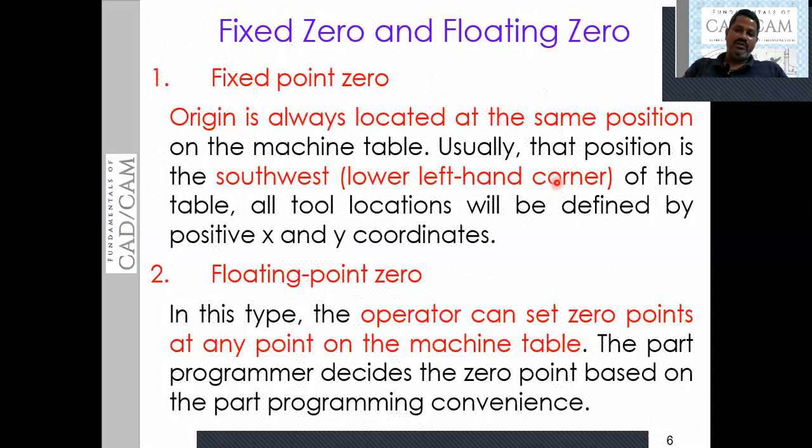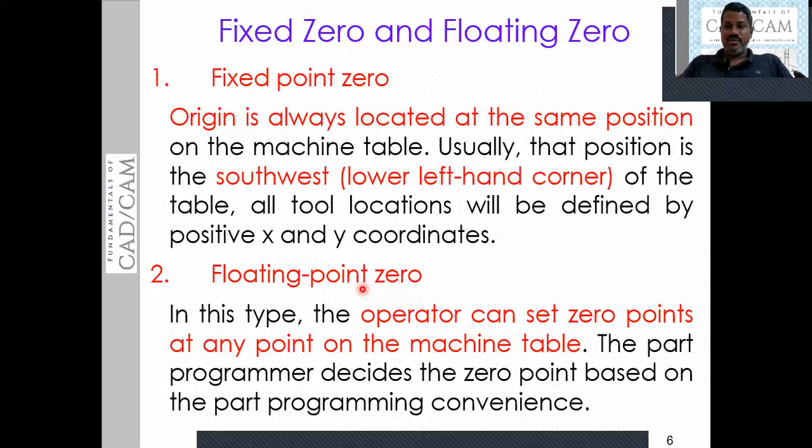And all those values are positive. That is flexible. But whereas in the case of turning, we can take the axis of that component as the reference point, as the zero location. With respect to the axis, the radius varies, the radius you can give, or the movement of the tool you can vary. This is the difference in the requirement of the floating zero.